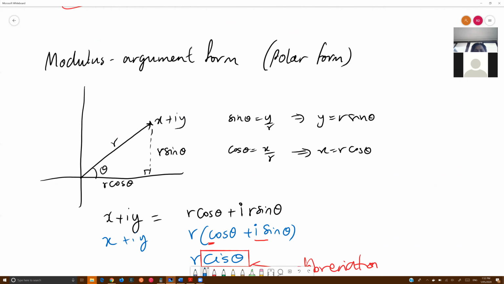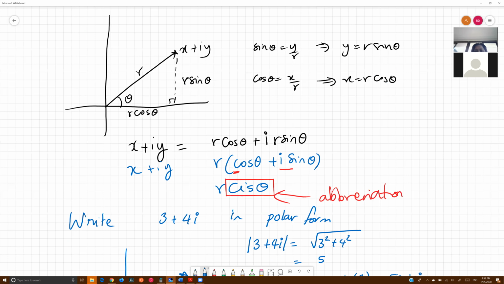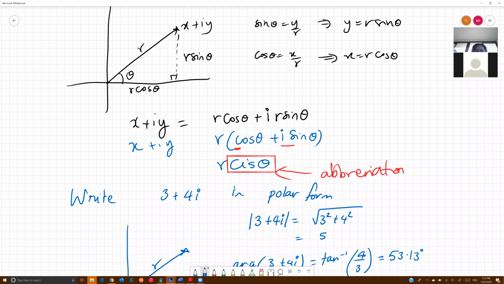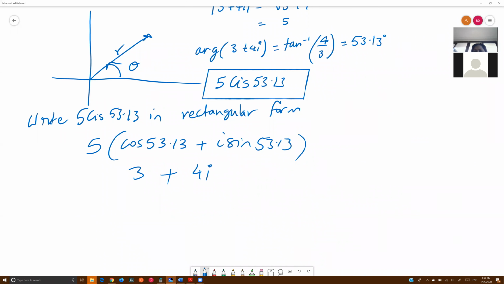And then if you want to know about the polar form, it's going to be r cis theta. That's how we write it. We're just using the angle that we work out and then the modulus, and you're going to write it this way. So that's that. Do we have any questions?